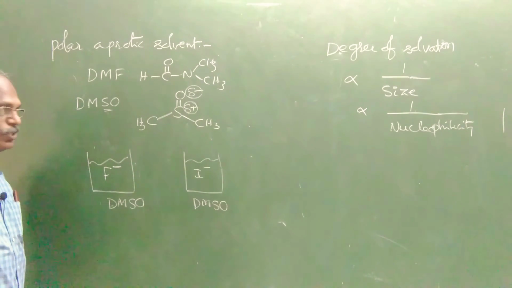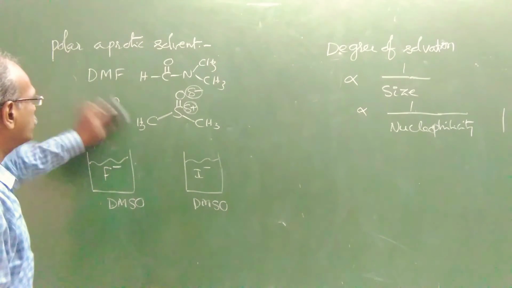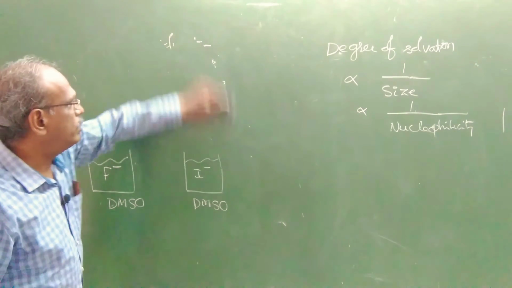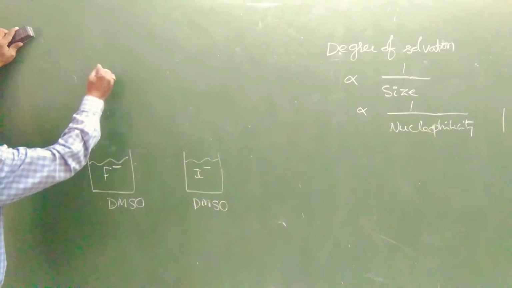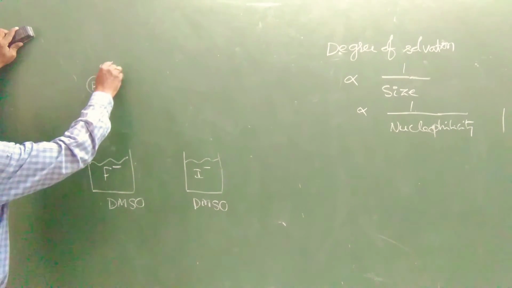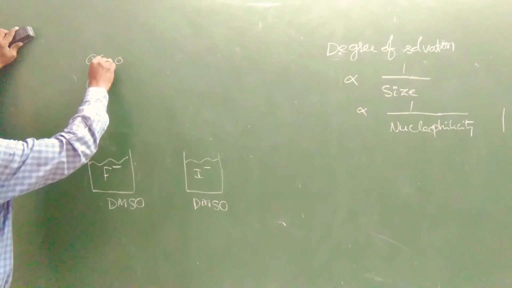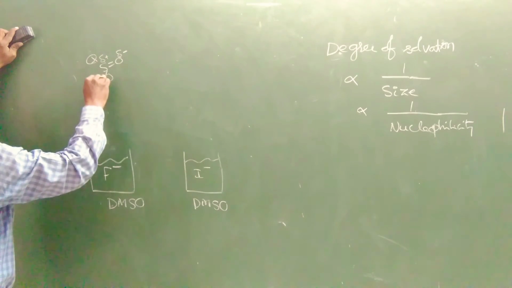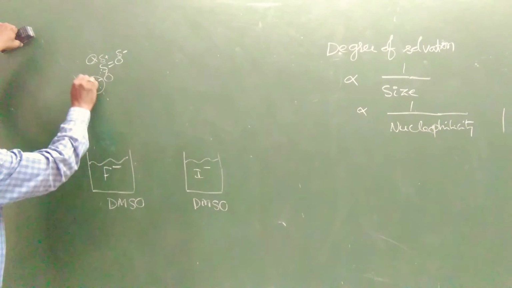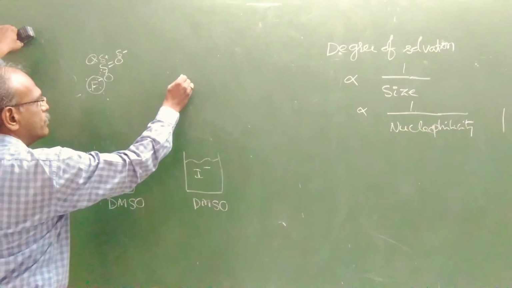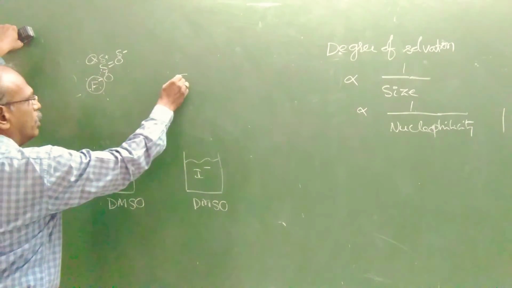Now F minus is a smaller ion, and DMSO has a double bond O and is associated with methyls. It is the positive center, this is the negative center. Attractions are developed here. But because of the large size of the solvent molecule, what about the degree of hydration?